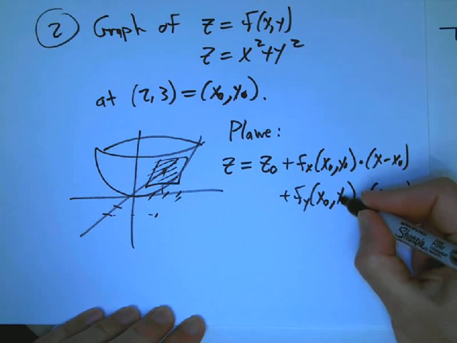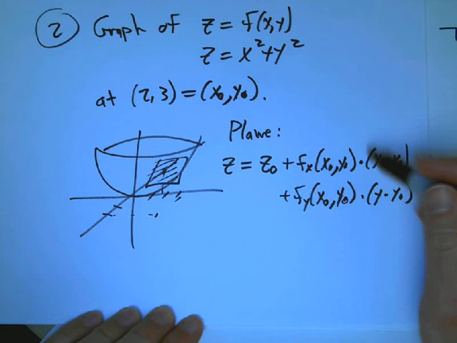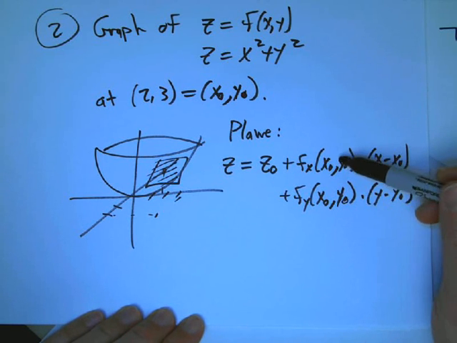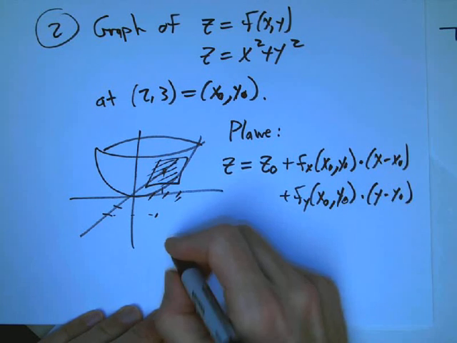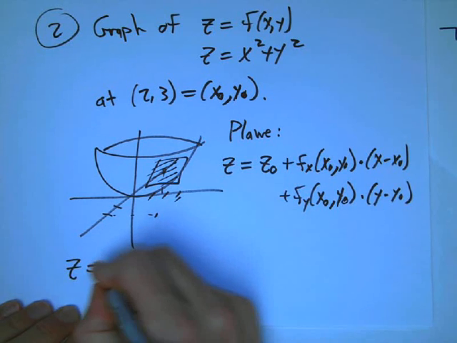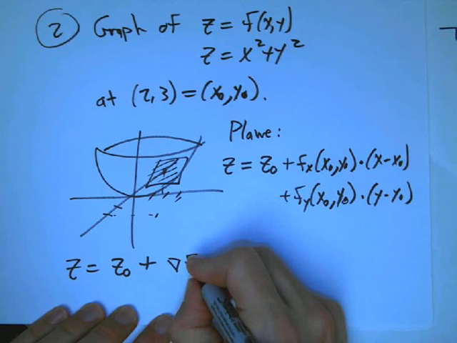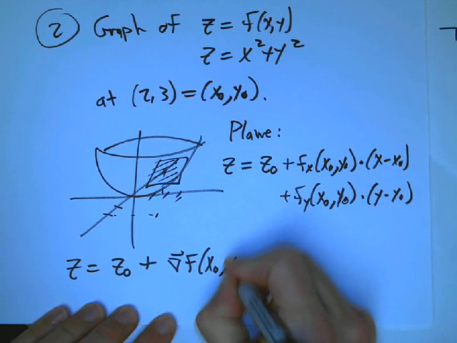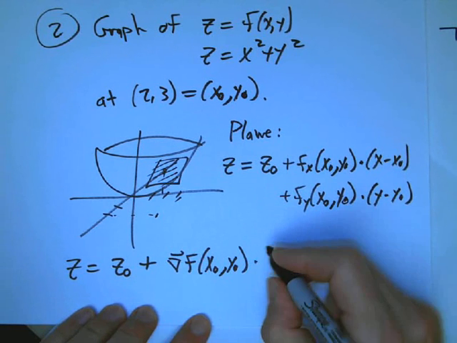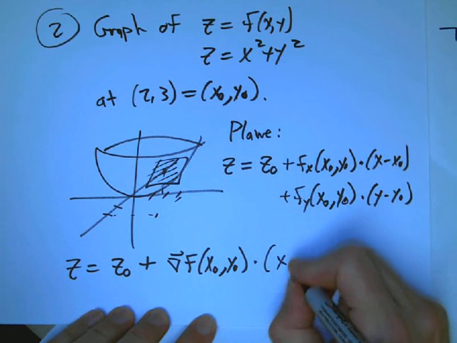So we can think of this as z equals z naught plus the gradient of f evaluated at that point, dotted with the vector. It's really a vector difference. Oops, no, I don't need a vector over that. Sorry, there's no vector there. So you take the vector x.